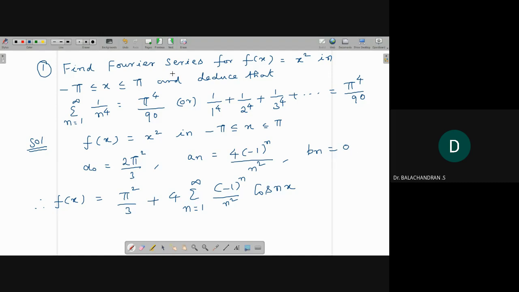So my suggestion is it is better to use the Fourier series for Parseval's identity. You can later verify whether, if you use the cosine series, you get the same answer. Okay.